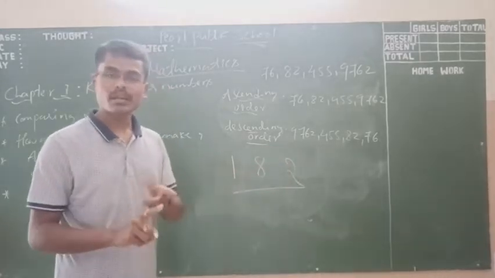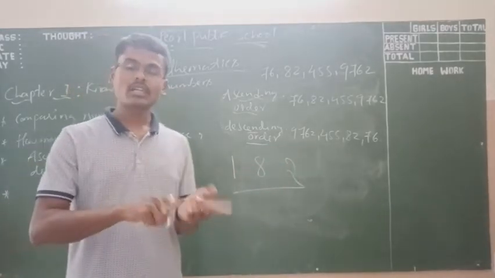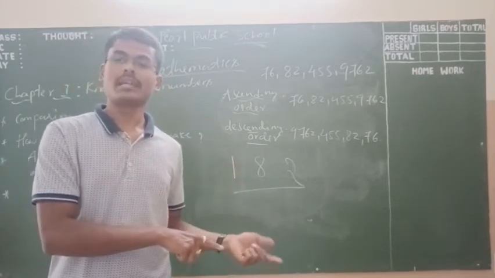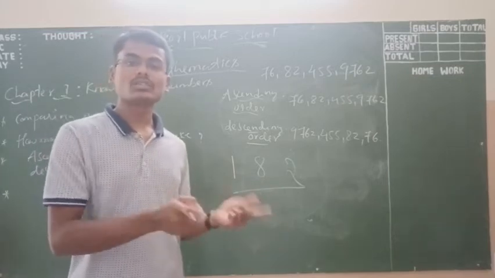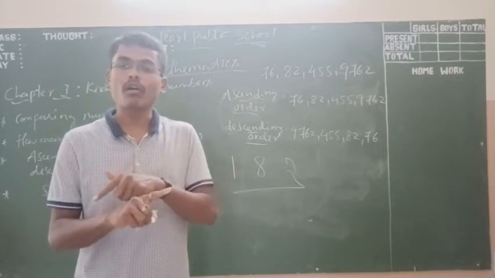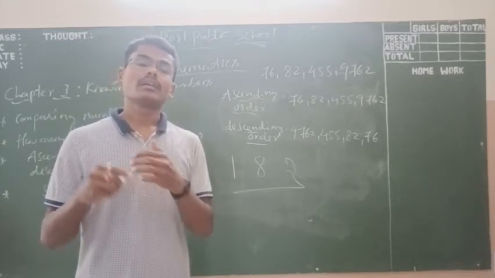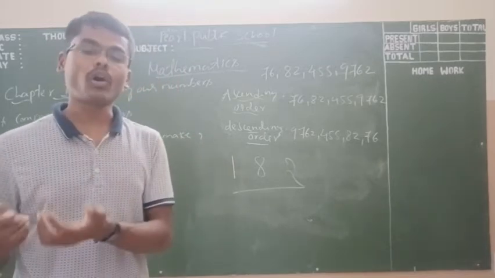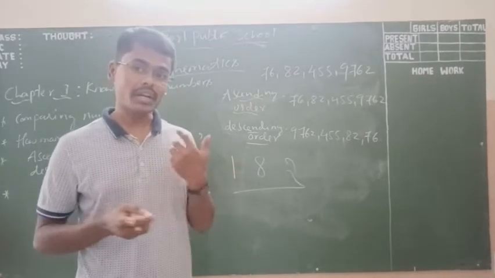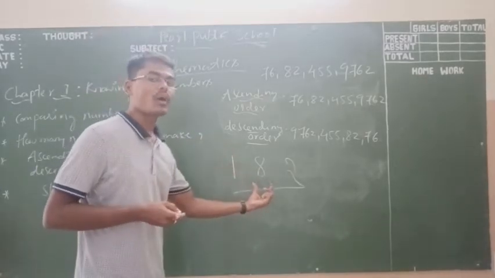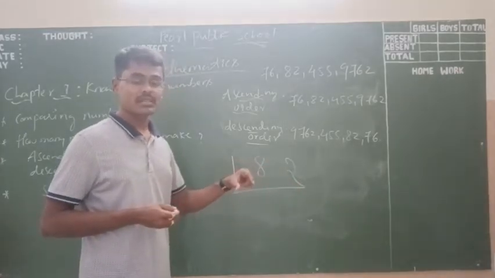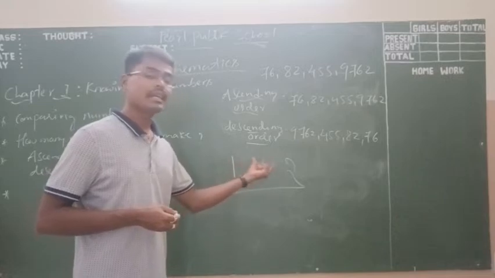Just by shifting their positions from tens to the single digit, from single digit to the 100 position, you are going to rearrange or swap the digits, and then see what would be the other number you get, whether that becomes the smallest or the greatest. For the given number 1, 8 and 2, I will write the smallest number just by shifting the digits.